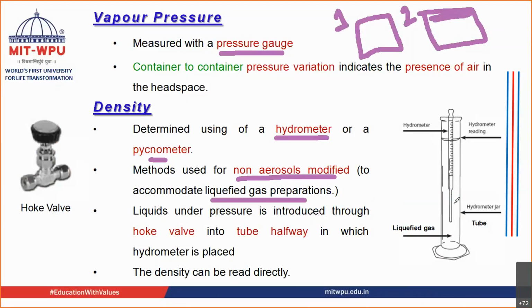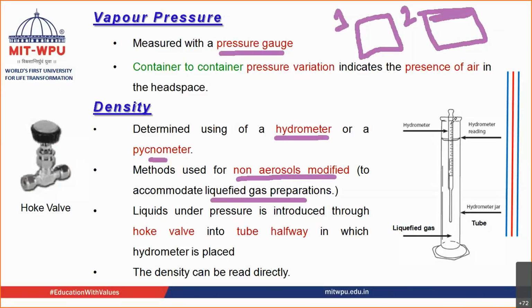So you take this tube, and inside this tube you put your liquefied gas or propellant. If you are testing it for propellant, then you put the propellant inside it.